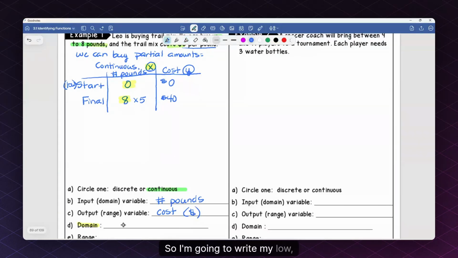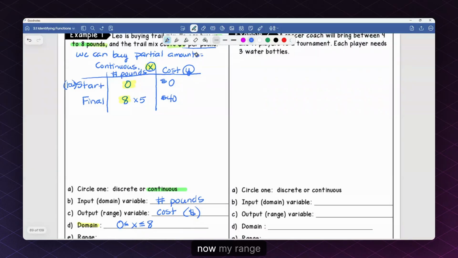So I'm going to write my low, which is 0, and my high, which is 8. My domain is my X value, so it goes in the middle. It can be equal or greater than 0, and it can go up to and including 8. Okay, so this inequality is saying that we can buy 0 and we can buy up to 8, including 8, and all values in between.